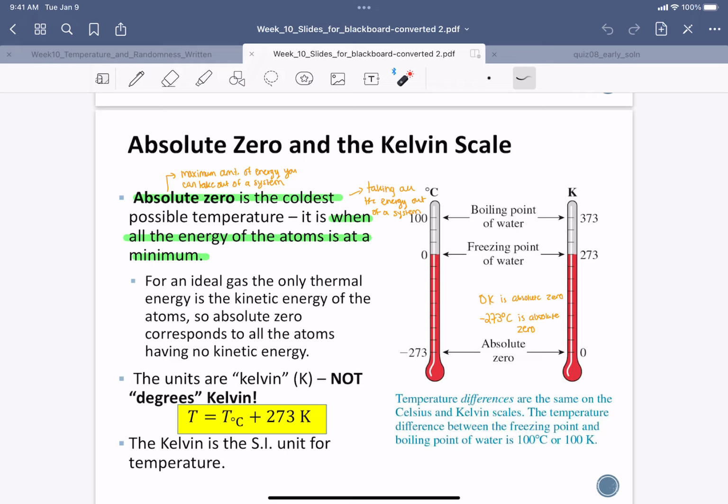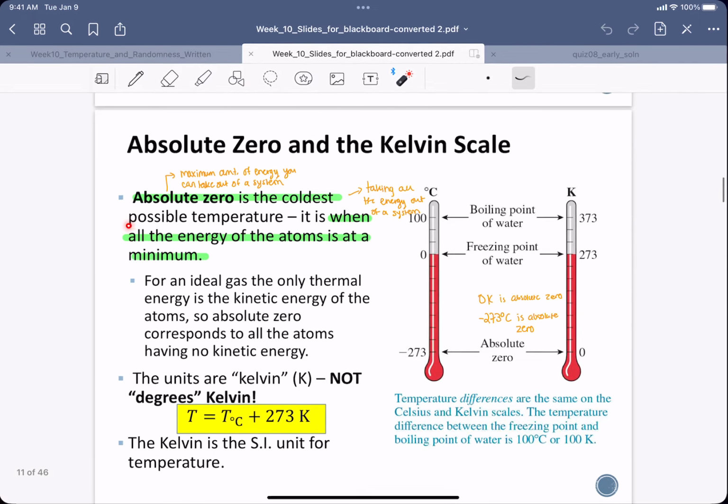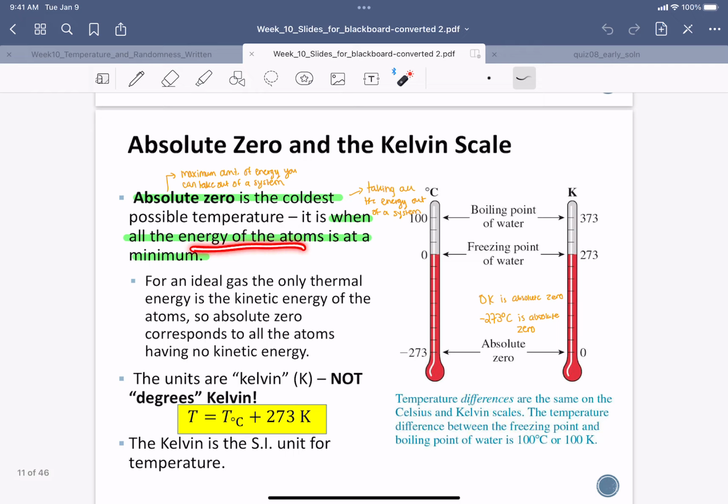If you only have kinetic energy for an ideal gas, then at absolute zero your kinetic energy would be zero, because it's the coldest possible temperature, when the energy is at a minimum. That's the lowest energy that you can have. So when you have 0 joules of kinetic energy for an ideal gas, you're at absolute zero. Just think about absolute zero as being so cold that literally nothing can move.